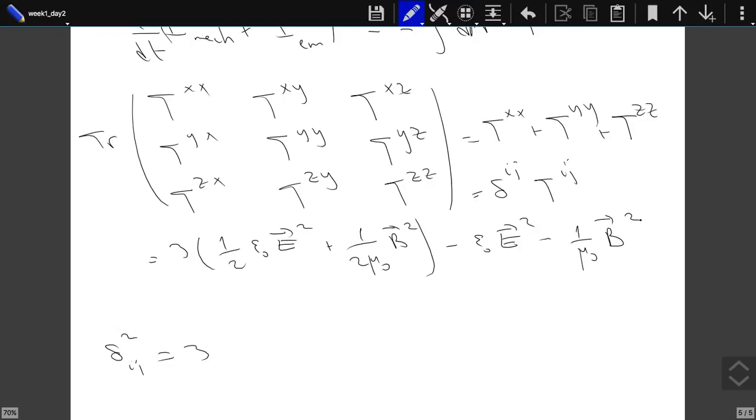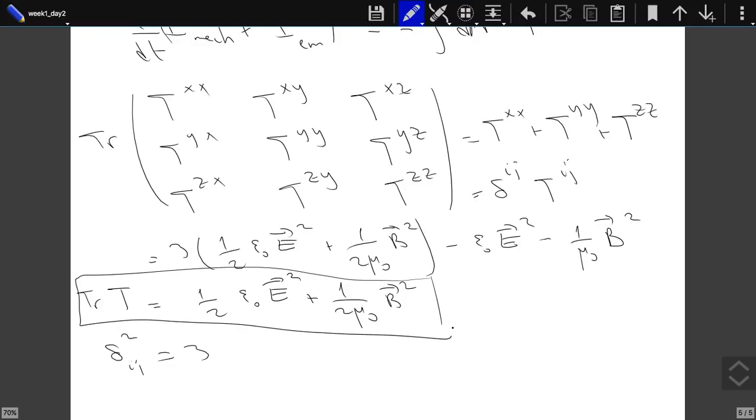If you just subtract it, you just get 1 over 2 epsilon 0 E squared plus 1 over 2 mu 0 times B squared. So this so-called energy momentum tensor or stress energy tensor, its trace is nothing but our energy density.